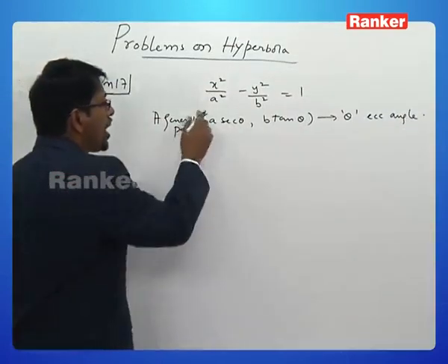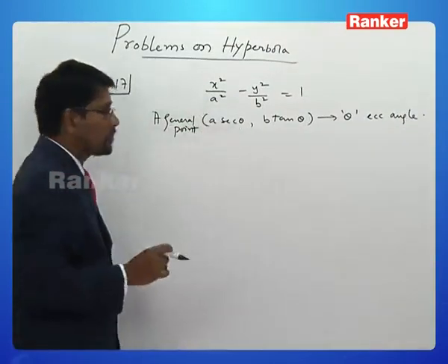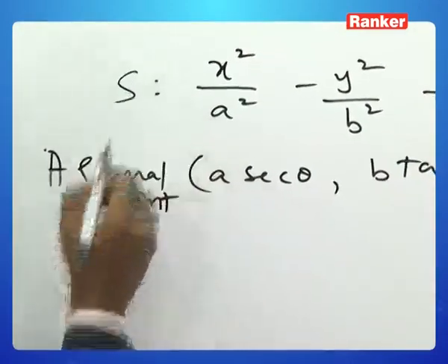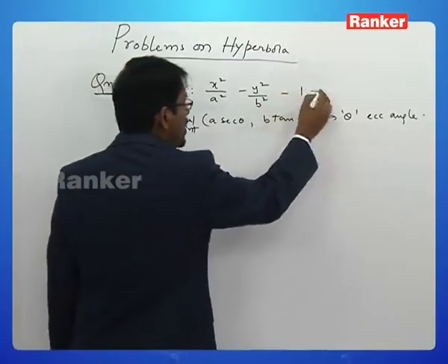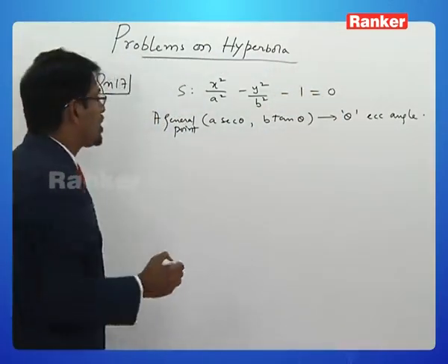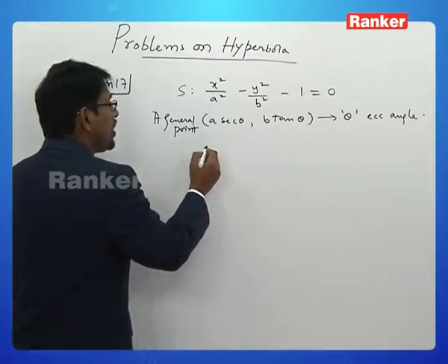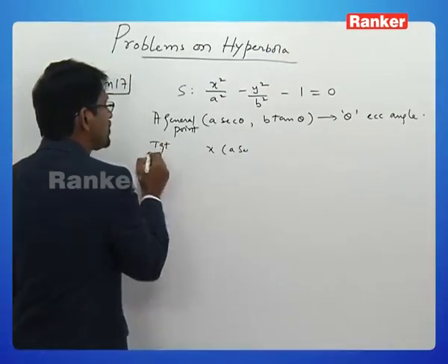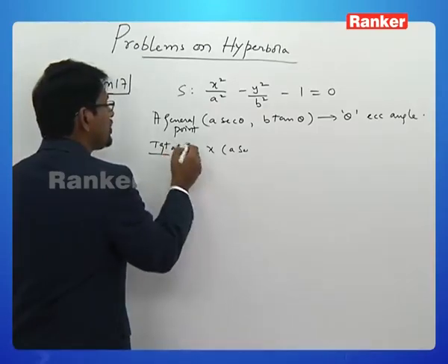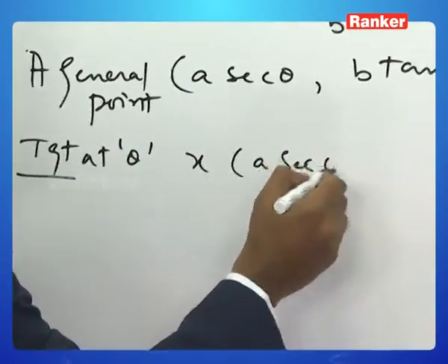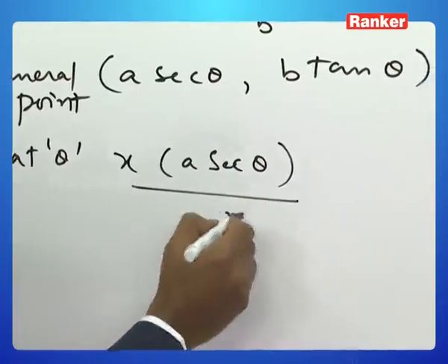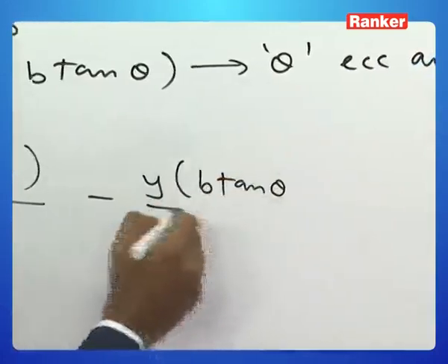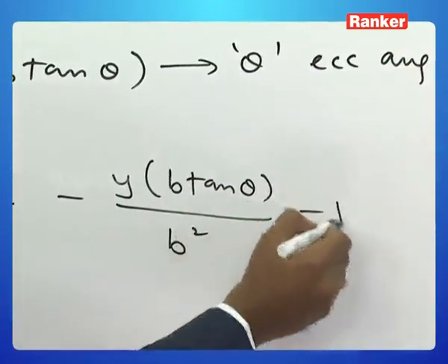Now what is the tangent at this point? Tangent at any point, we'll write the curve as S equal to 0, is given by S1 equal to 0. That is, the tangent at theta is given by x into a secant theta by a square minus y into b tan theta by b square minus 1 is equal to 0.